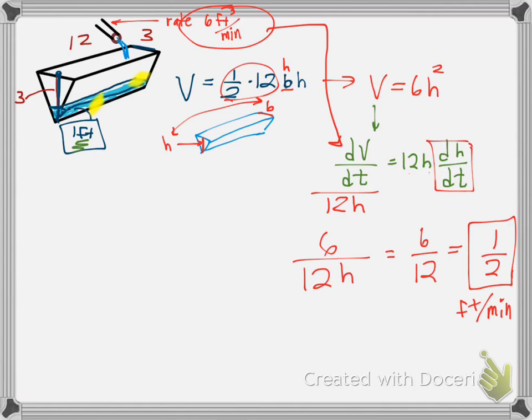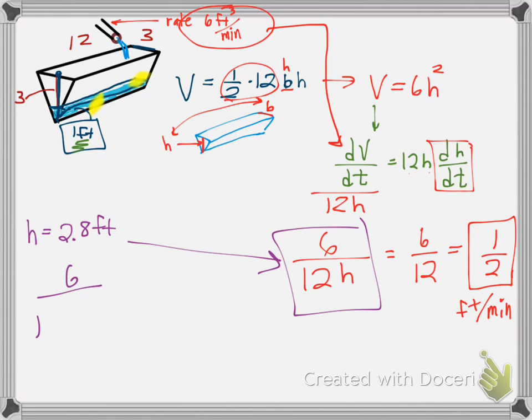If it was a little bit deeper, let's say we are getting really close to the top, let's call it 2.9, and we're worried about the overflow. So let's say the depth of the water was 2.8 feet. Well, I'm still going to use this formula.